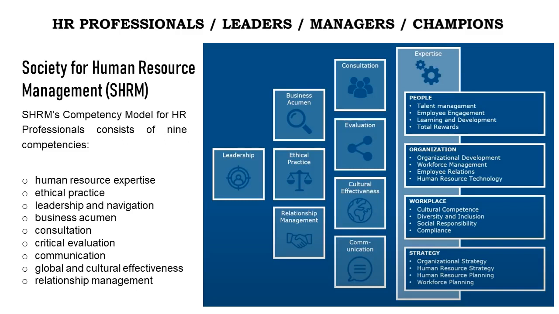So they would also need some kind of competencies in these 9 areas. So they must possess human resource expertise, ethical practice, leadership and navigation, business acumen, consultation, critical evaluation, communication, global and cultural effectiveness, and relationship management.